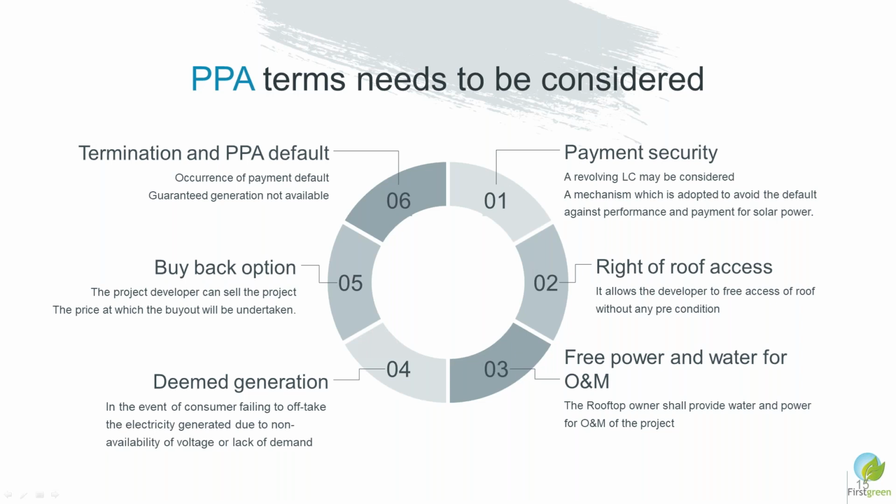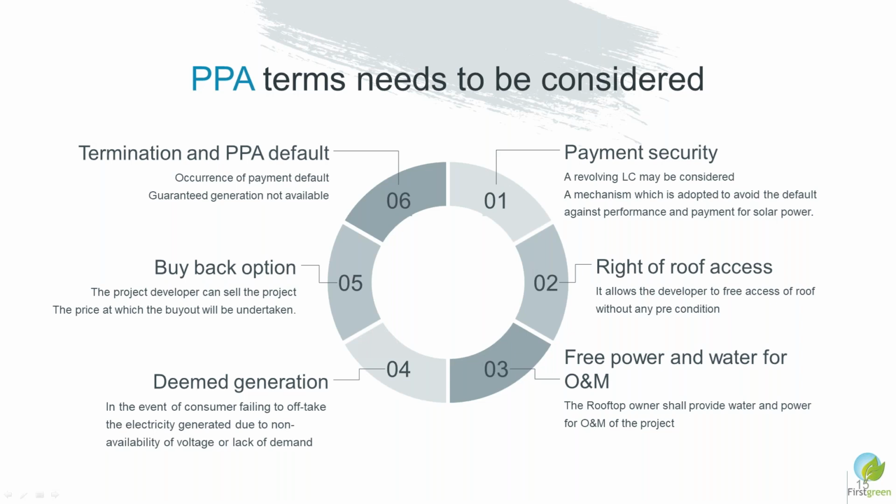But for a bank guarantee, the off-taker has to submit some more money, and the exposure is higher. So typically, the tool which is adopted by C&I clients is LC.